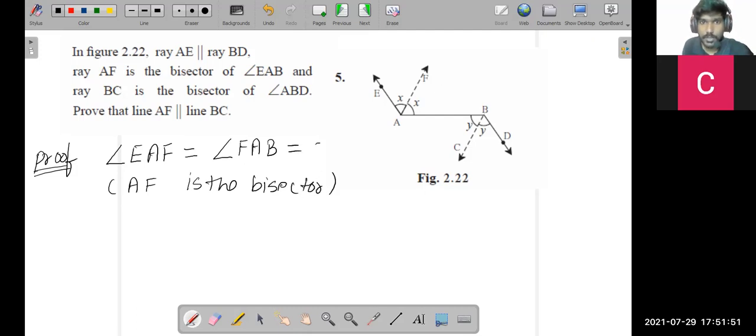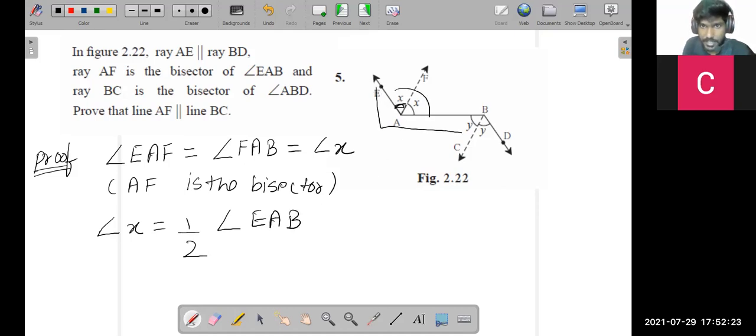So this is equal to angle X. We can also write angle X is half of angle EAB. That means this is half of this entire angle. Correct? Have you understood this?